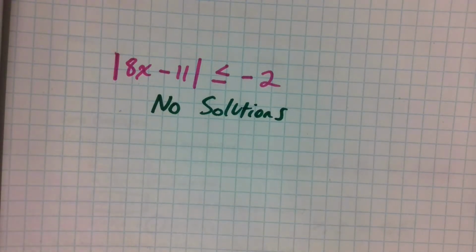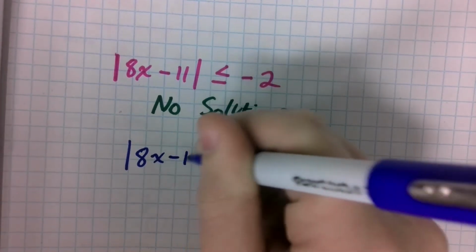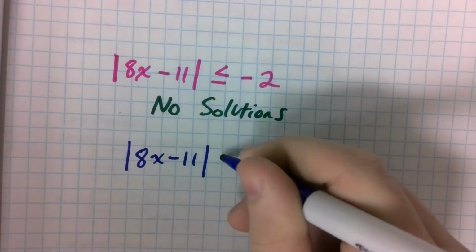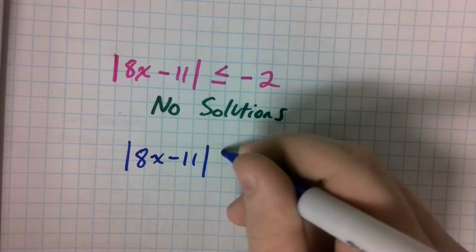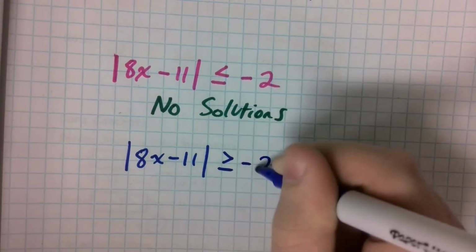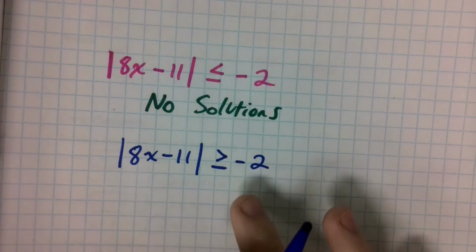Let's change things around just slightly, though. Let's say we had the absolute value of 8x minus 11 is, let's go with greater than or equal to negative 2. Well, again, we got to ask ourselves, is it possible for it to be equal to negative 2?